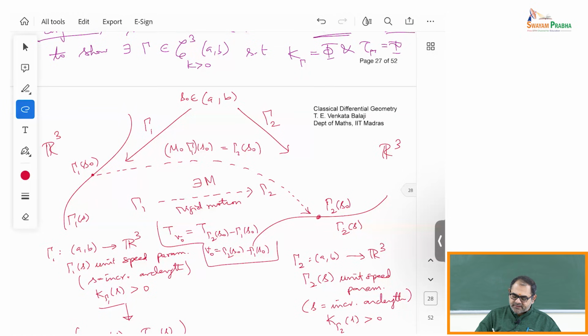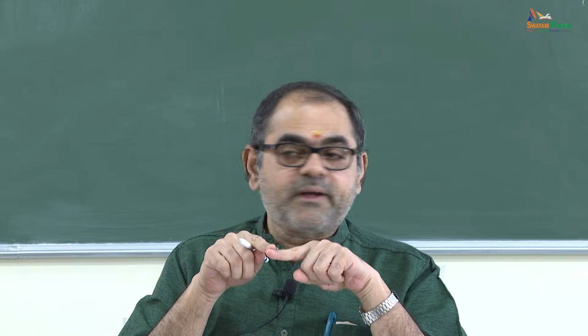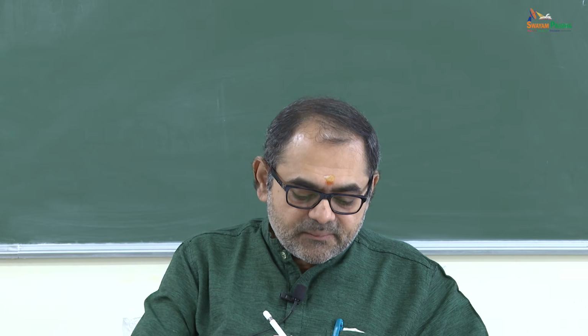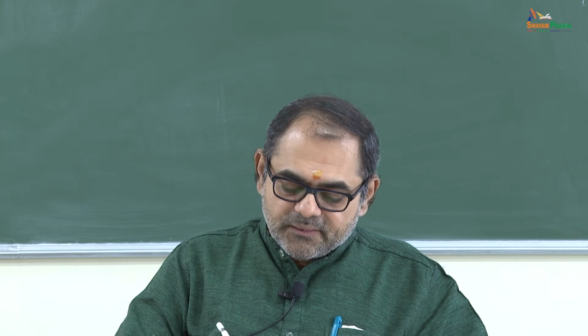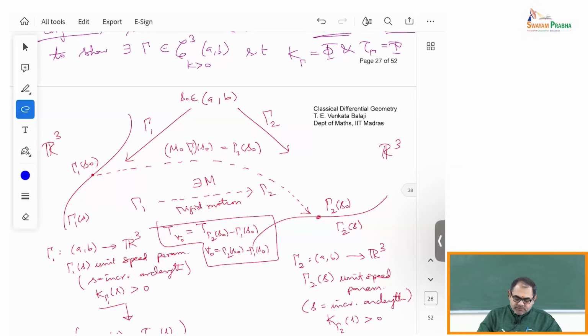So I can take this translation. What this translation will do is that the whole curve gamma 1 will be moved to another curve. Now that curve and this gamma 2 will intersect at the point corresponding to S naught. So let me use a different color for that, let us say I use blue. You see, I have this curve, I apply this translation.